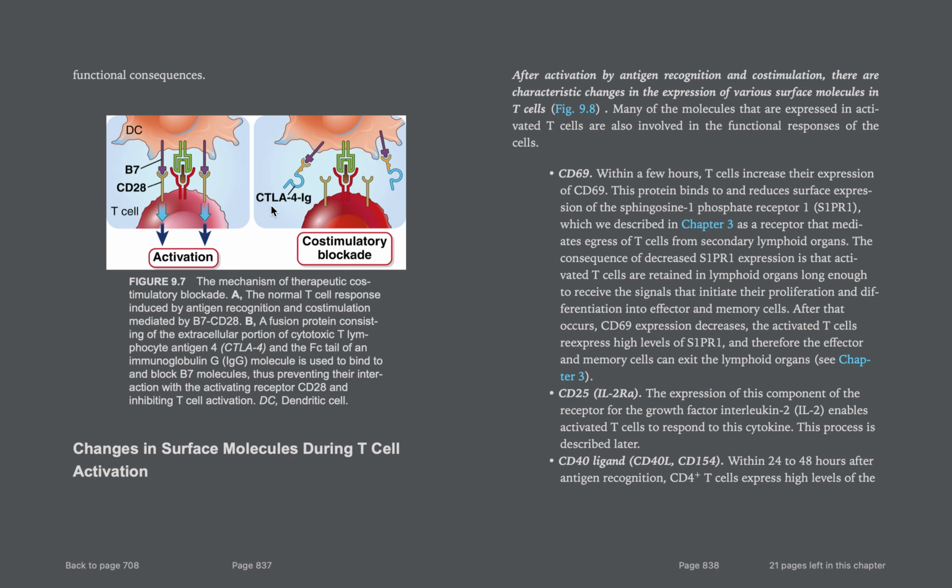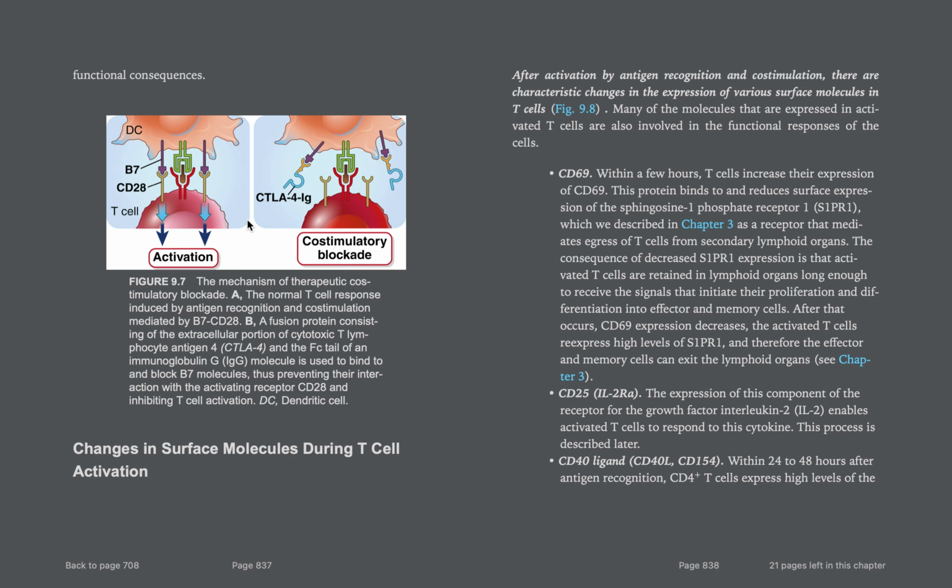So if these are occupied with CTLA-4 Ig, cytotoxic T lymphocyte antigen 4 immunoglobulin, then this one gets nothing to bind with. Costimulation cannot take place, therefore there is blockage, so immune action cannot take place. Very nice diagrams.